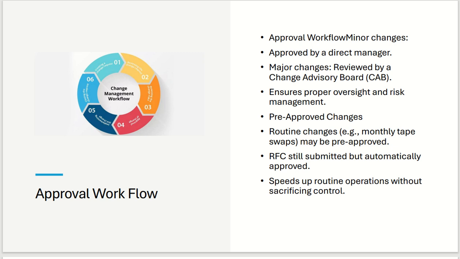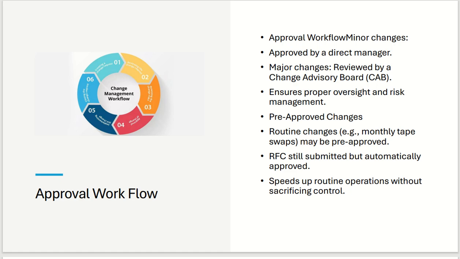When it comes to approving workflow that's related to changes within work, there is a chain of command that has to be followed. For minor changes, the direct manager is responsible for approving these changes.